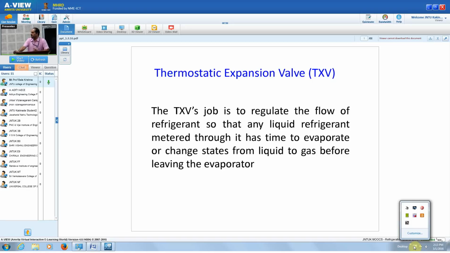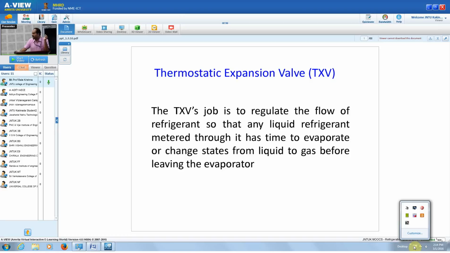The evaporator has to cool all of the additional load as well as what it was cooling earlier. For that, more refrigerant flow is needed. That's why the thermostatic expansion valve will be adjusted according to the load inside. In air conditioning also, if the occupancy load inside increases, it will be adjusted according to the load.